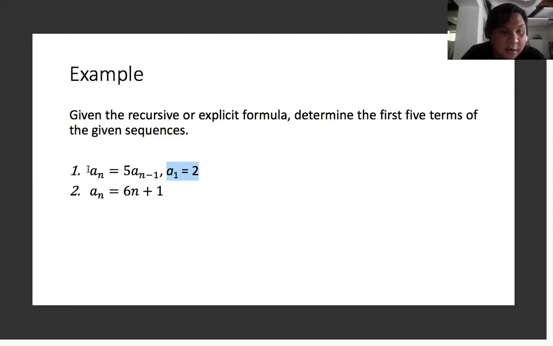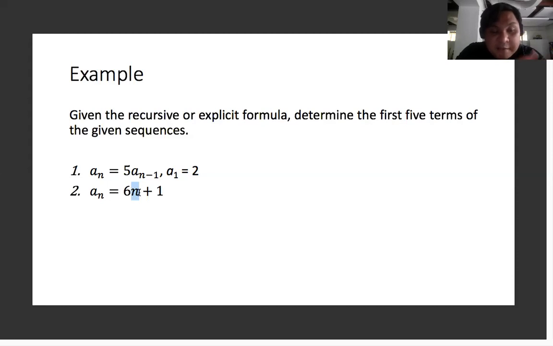So it says here a sub n, the nth term, is 5 times the previous term. All right, so this is what number 1 means. Number 2, a sub n is equal to 6n plus 1. So this one is definitely determined by n. So number 2 is an explicit formula.